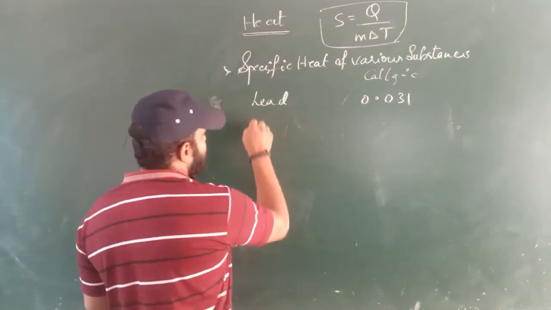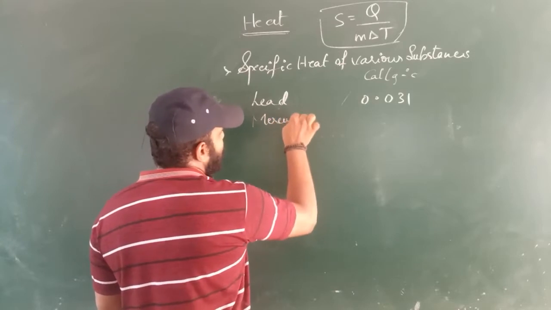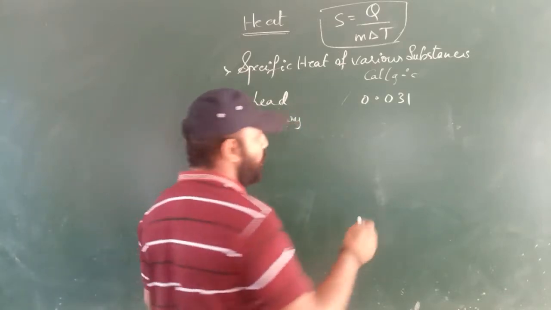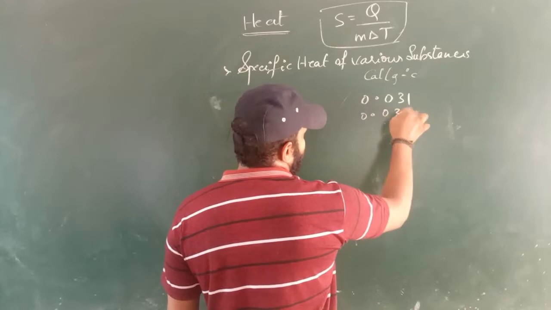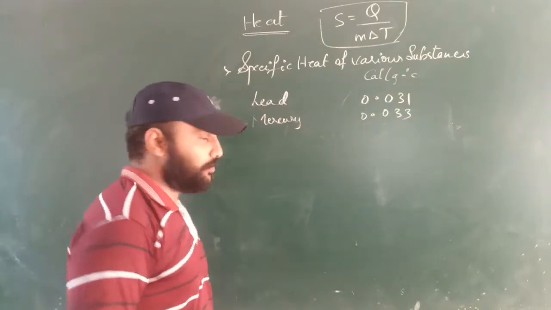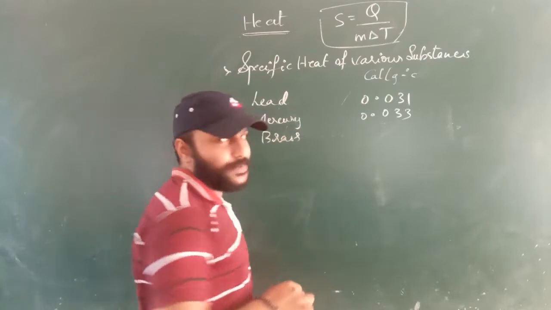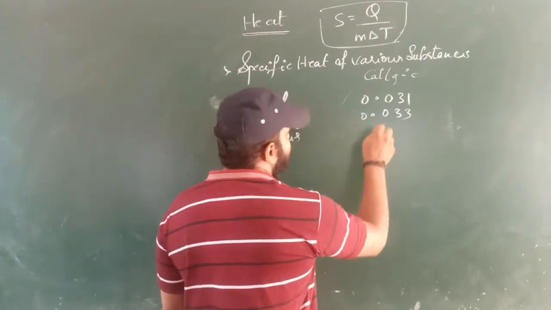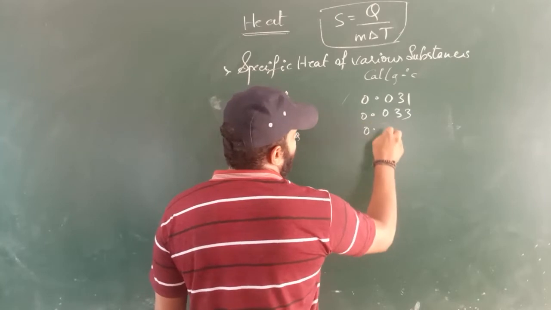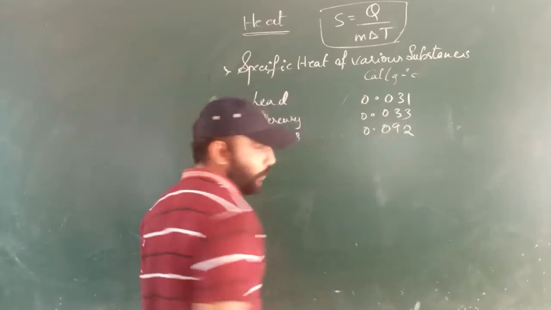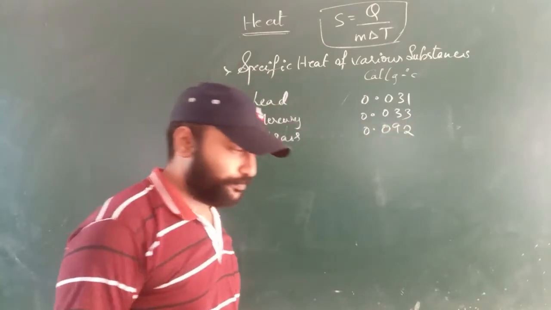Next one is mercury. The specific heat of mercury is 0.033. Next one is brass. Its value is 0.092.